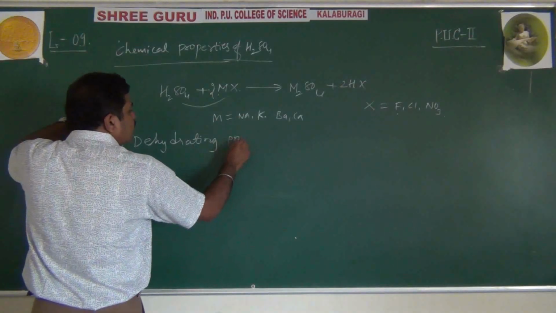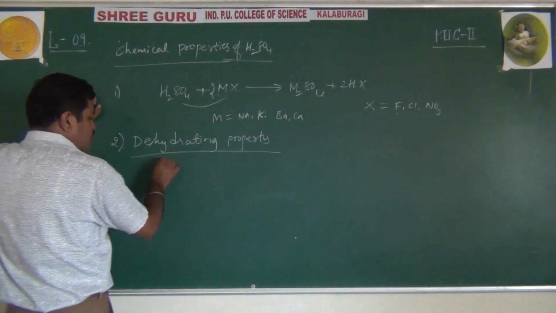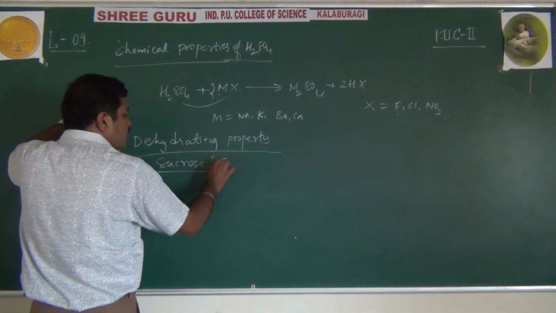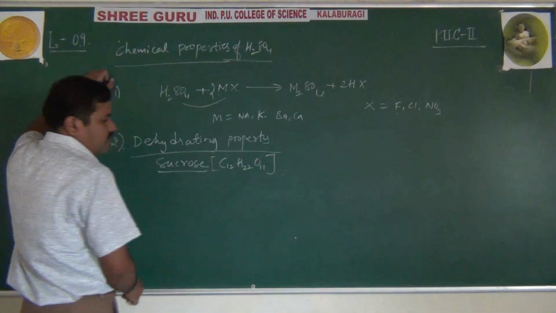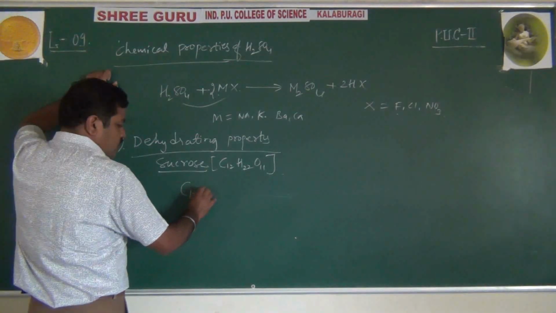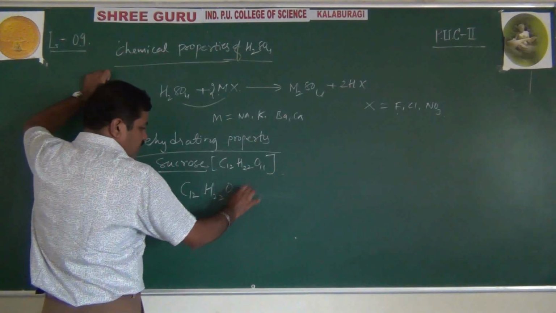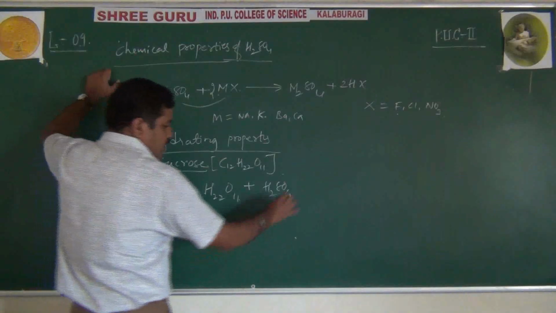In your NCERT textbook, they give sucrose, C12H22O11. This is the disaccharide which you are going to study next in biomolecules. When sucrose is treated with sulfuric acid, it acts as a dehydrating agent.